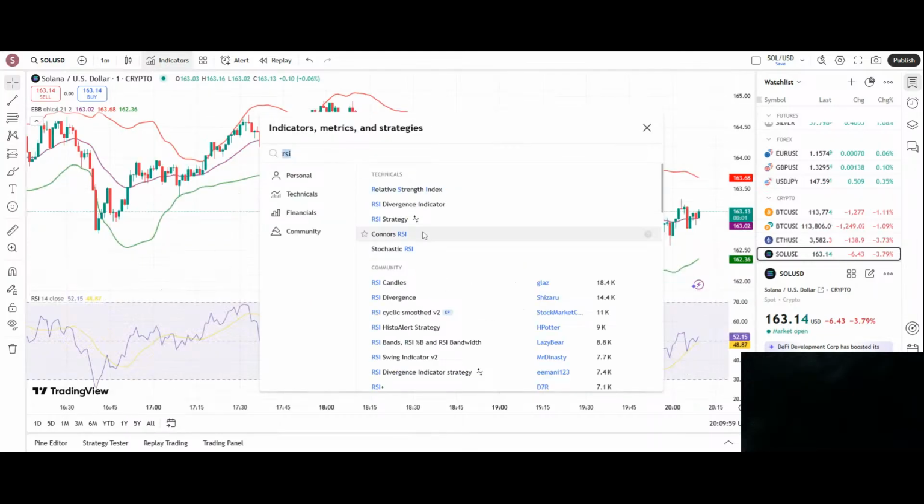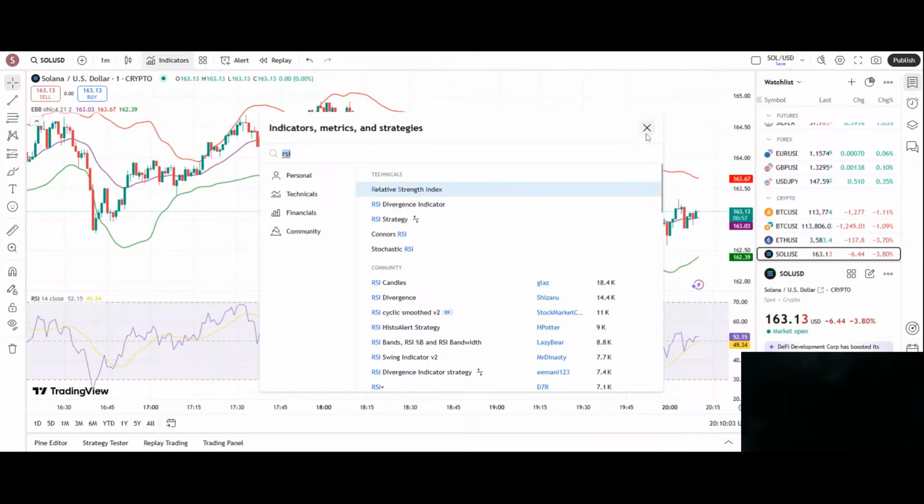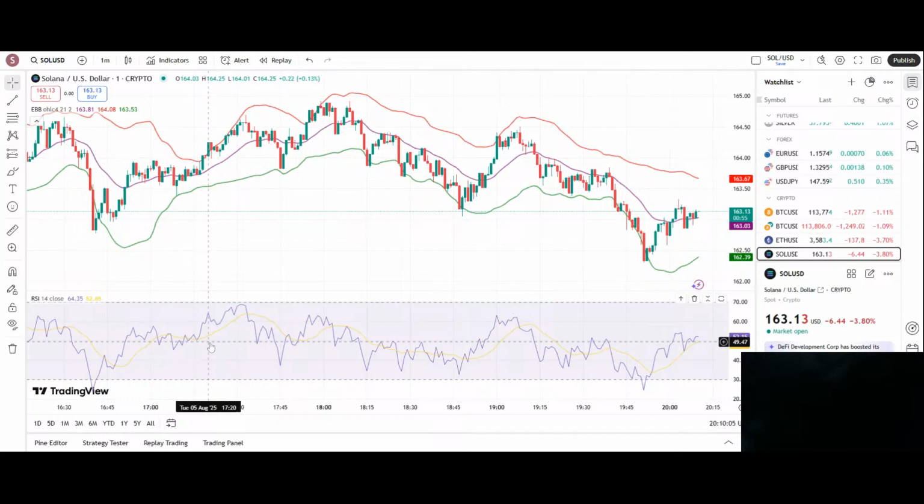So with the free plan, you can only run two at any given time. So you got to pick the two that work best for you. I like the exponential moving average with the Bollinger Bands. So the exponential moving average is just kind of the average of the price that it's closed at over time. Bollinger Bands, I believe, are, where are my settings for this bad boy?